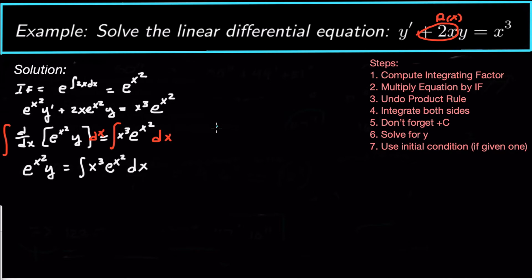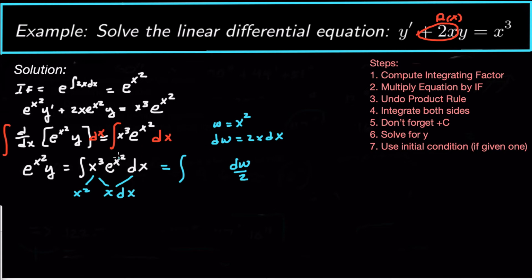I'm going to use w because you'll see why in a minute, but I'm going to use w equals x squared, and dw equals 2x dx. So this is going to be the integral. Well, if I take one of the x's from here and move it over to the dx, that'll give me dw over 2.